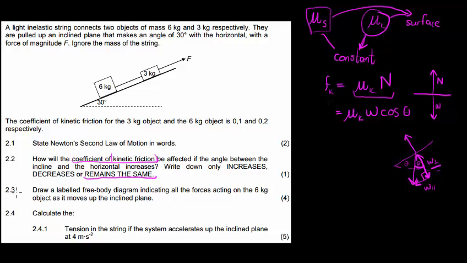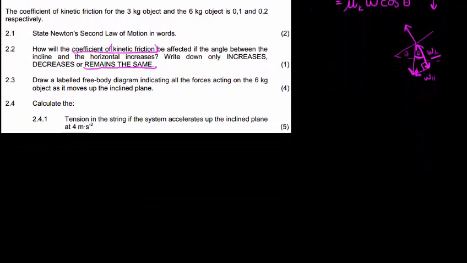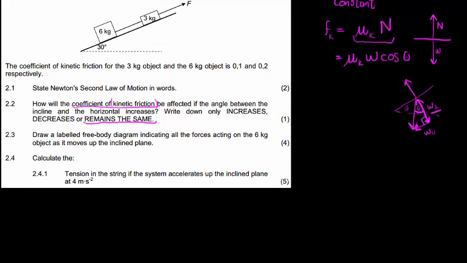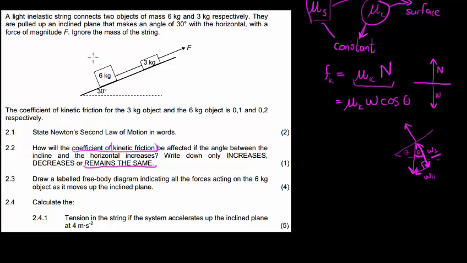Now, question 3, draw a labeled free body diagram. Is that a one with a picture, or is that a one with a dot? That's the one with the picture. So we must draw a labeled free body diagram for the 6 kilogram object. So now look at the 6 kilogram. Ignore absolutely everything outside of that circle.